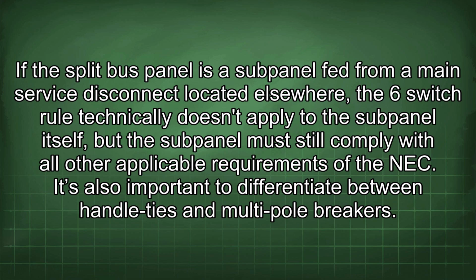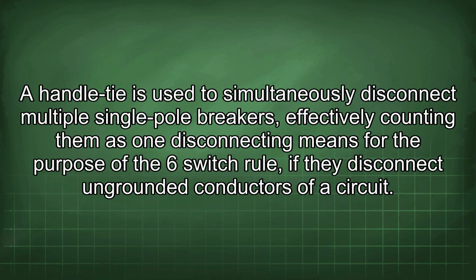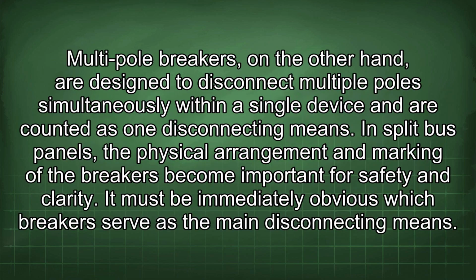It's also important to differentiate between handle ties and multi-pole breakers. A handle tie is used to simultaneously disconnect multiple single-pole breakers, effectively counting them as one disconnecting means for the purpose of the 6-switch rule, if they disconnect ungrounded conductors of a circuit. Multi-pole breakers, on the other hand, are designed to disconnect multiple poles simultaneously within a single device and are counted as one disconnecting means.